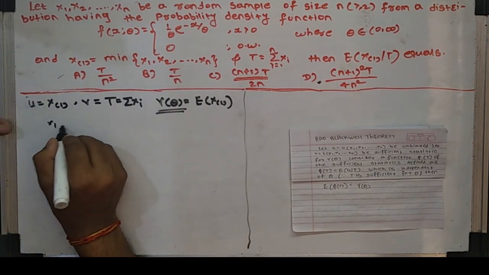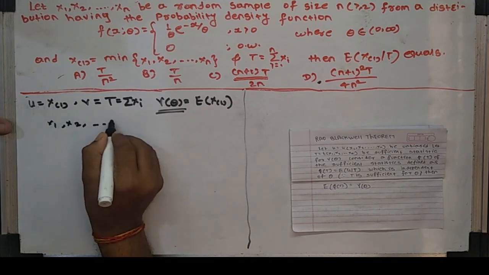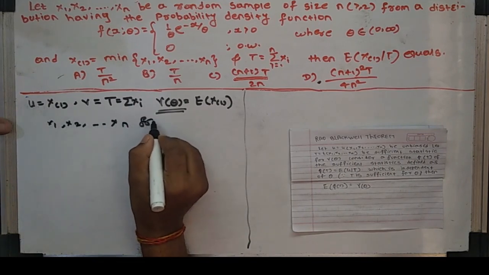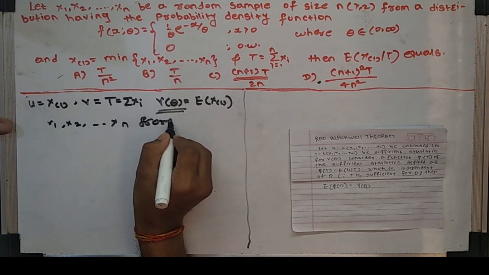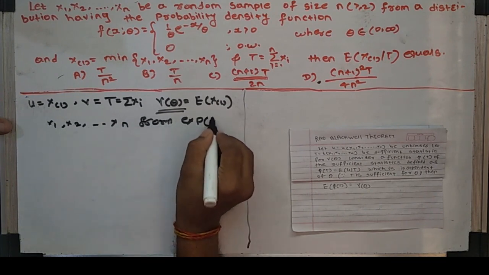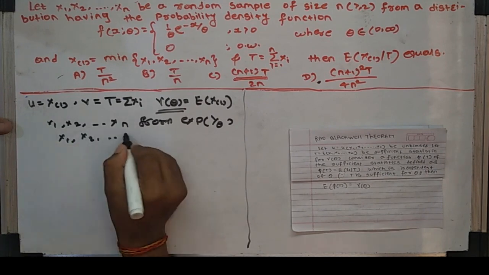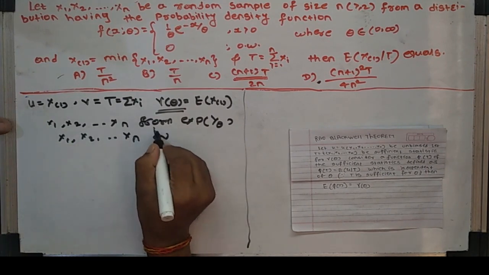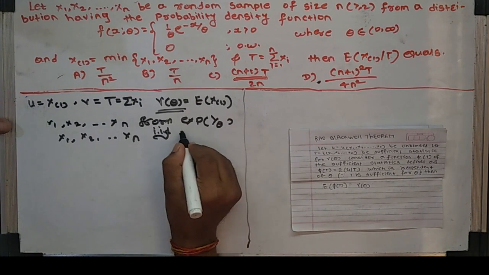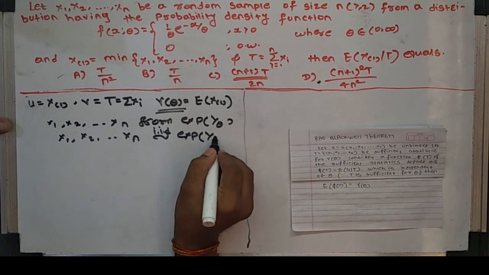Here x1, x2, ..., xn are from exponential with mean theta, that is, x1, x2, ..., xn follow IID exponential with mean theta.